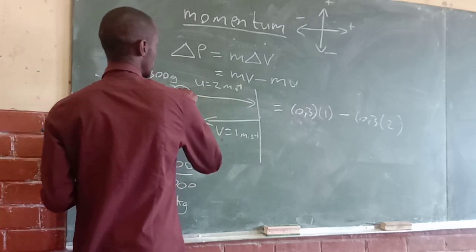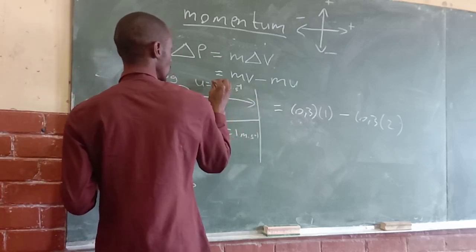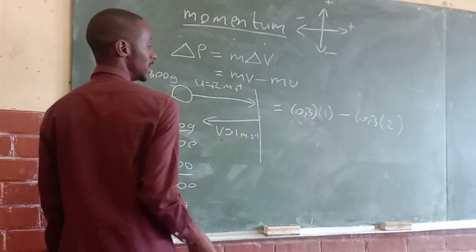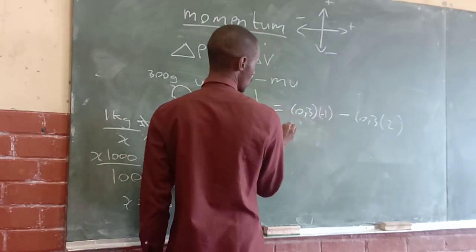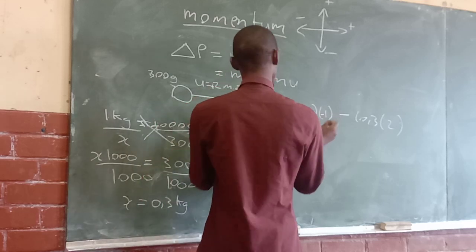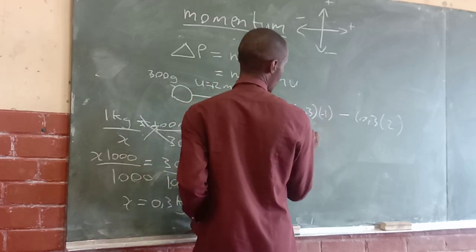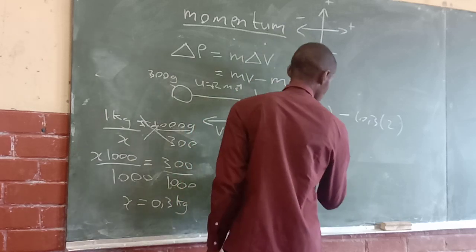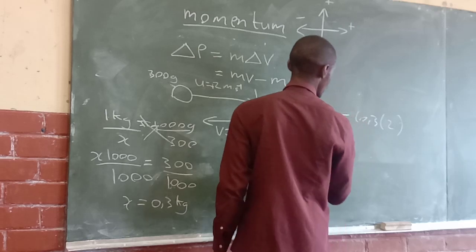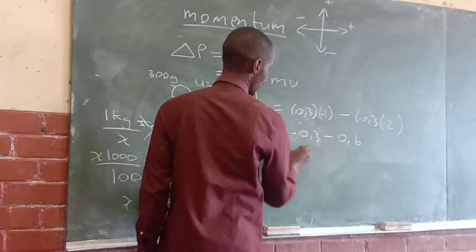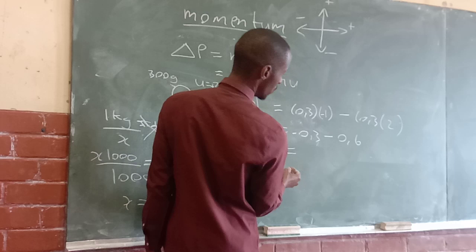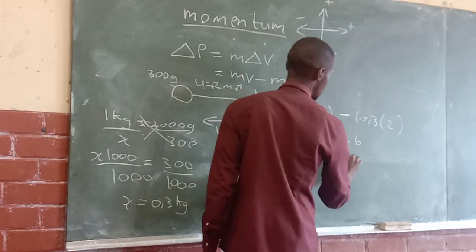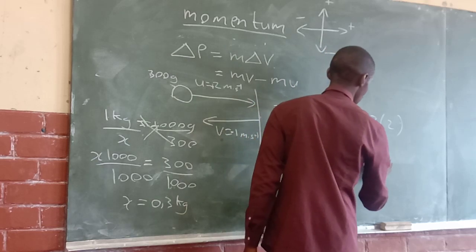So we saw the initial velocity was going towards the right, so it is positive. My final velocity was going towards the left, so it has to be negative. So I put a negative there. So we have 0,3 times negative 1 will give you negative 0,3, right? 0,3 times 2 will give you 0,6, and then we compute this, we'll get an answer of negative 0,9 kg meters per second.